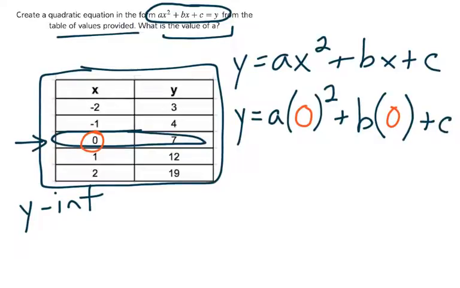Okay, so I don't know what a, b, and c are, but I do know what x and y are. So I'm actually going to replace this y here out front by the y I know, which is just 7. Right? So I know when x equals 0, y equals 7, based on this row of the table.